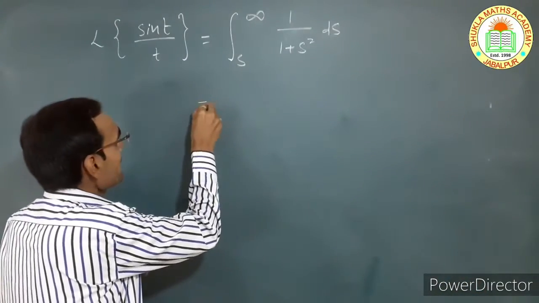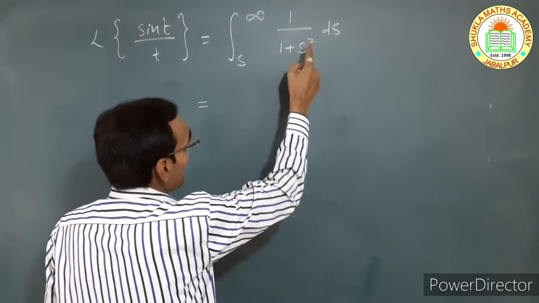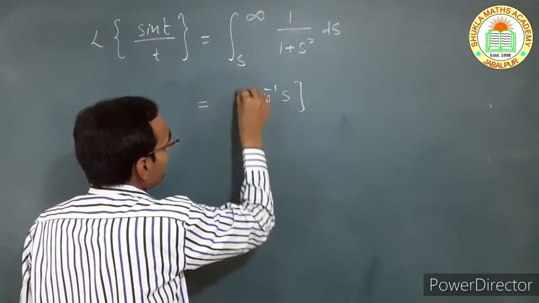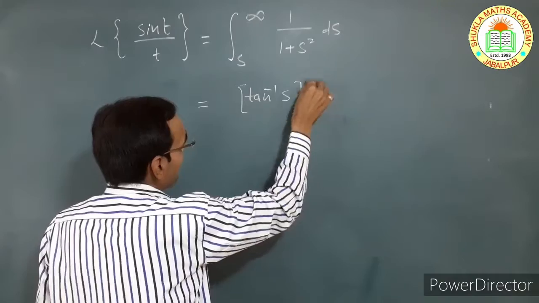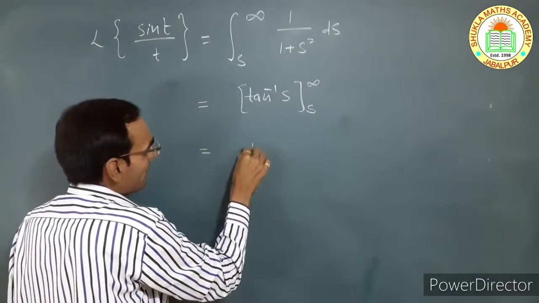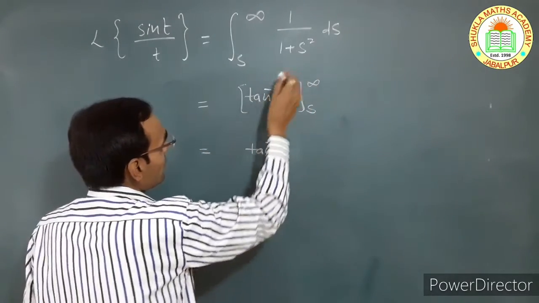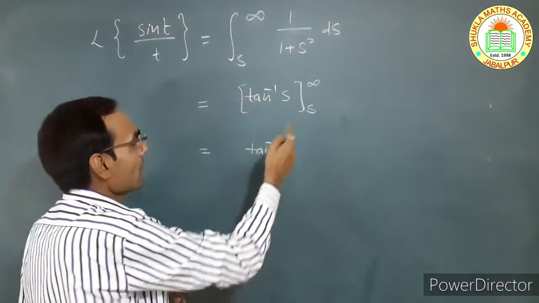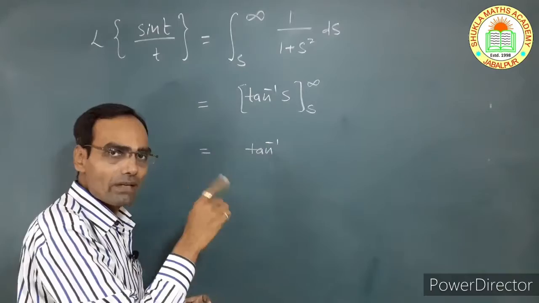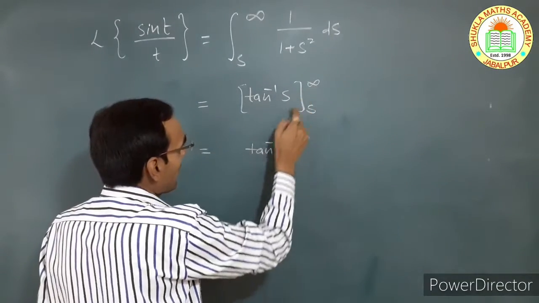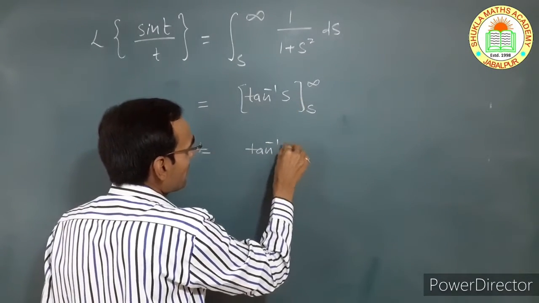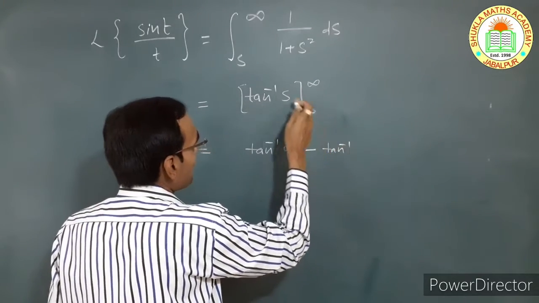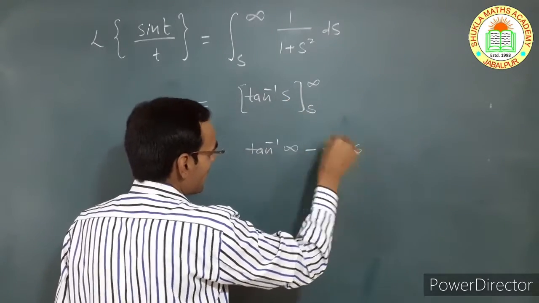Now the integration of 1 upon 1 plus s square is tan inverse s, and the limits are s to infinity. After putting the upper limit, because we are integrating with respect to s, we put the limit in place of s. The upper limit is infinity, so tan inverse infinity, minus the lower limit tan inverse s, as it is.